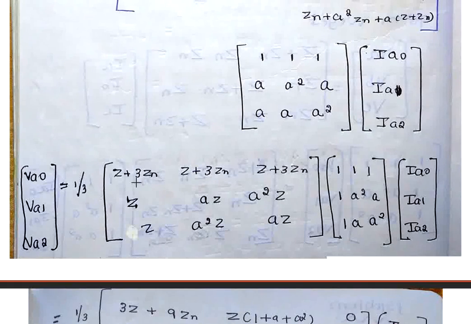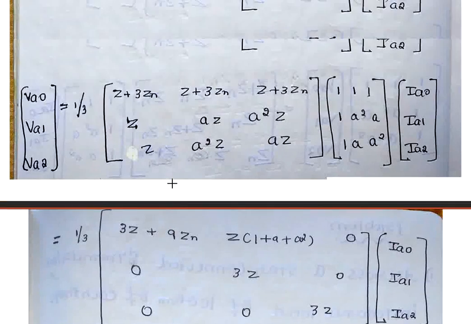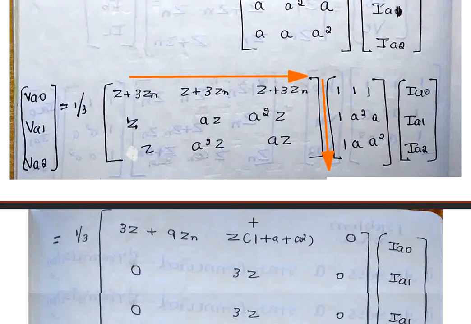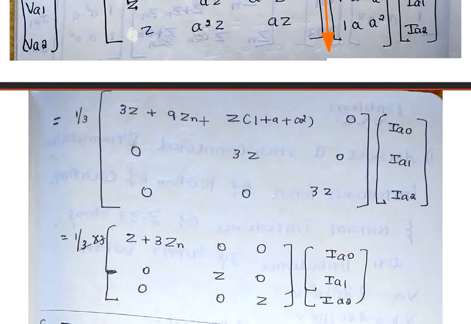Finally you will get Z plus 3Zn, Z plus 3Zn, the same, then Z and Z. Similarly you will get the other rows. Now you multiply these two terms, and finally you will get 3Z plus 9Zn and Z times (1 plus a square), like that. So finally you will get this answer after simplification.